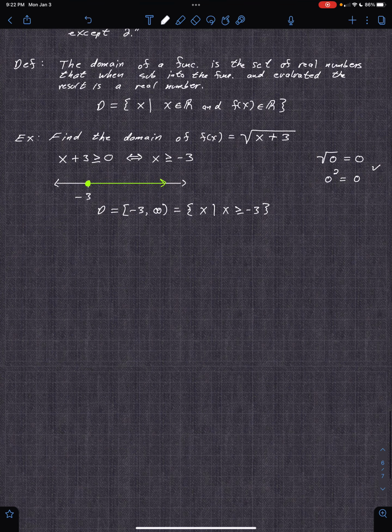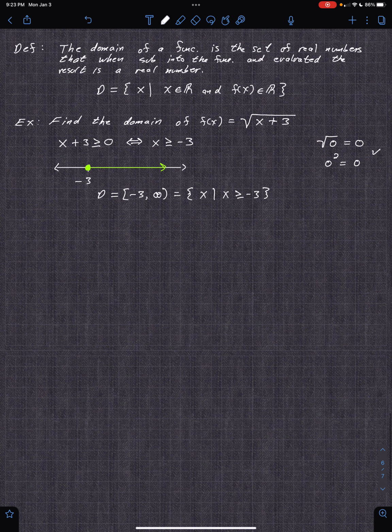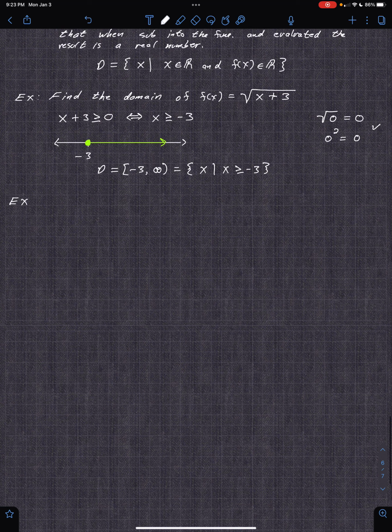Okay, let's try another one. So next example. Find the domain of h of x equal to x over x squared minus 9.